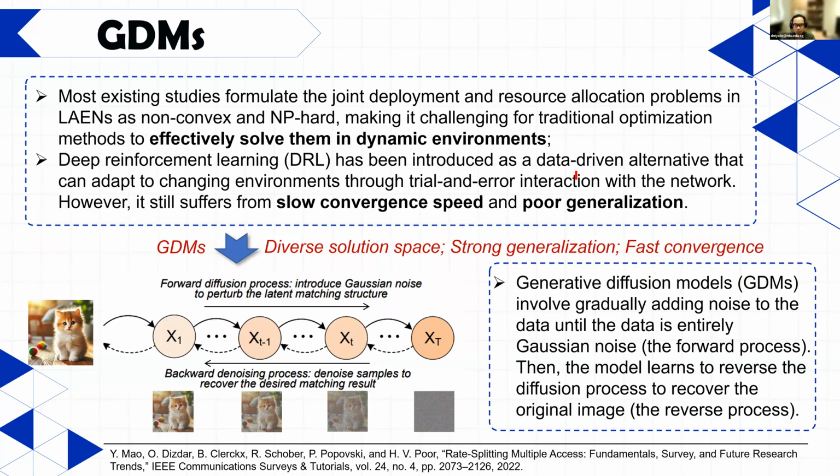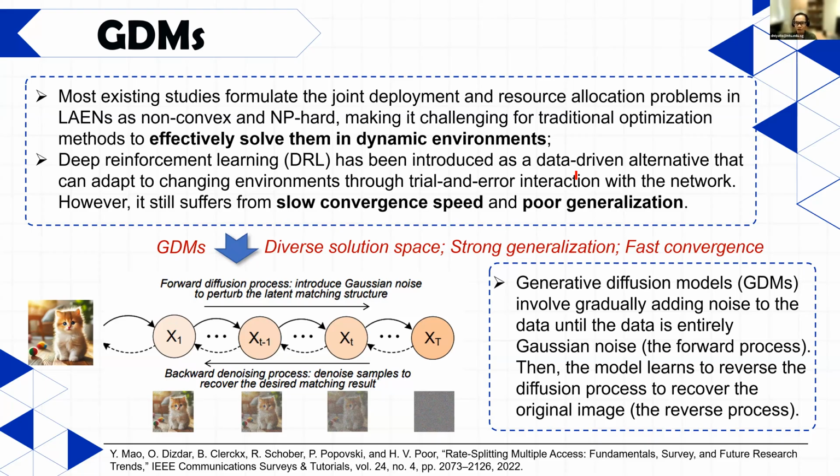We did a survey and discovered that most existing studies formulate the joint deployment and resource allocation problem in the low altitude economy UAV network as a non-convex and NP-hard problem. This makes the problem challenging for traditional optimization methods to solve in a dynamic environment. So many researchers use deep reinforcement learning as a data-driven alternative that can adapt to the changing environment.